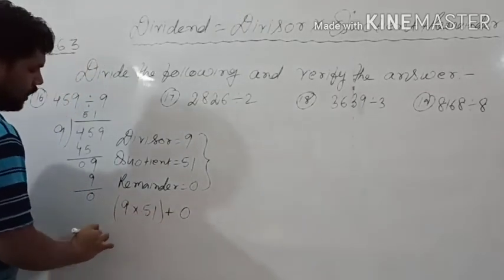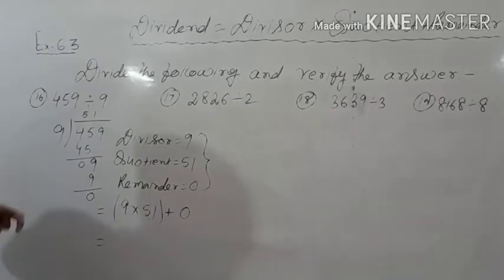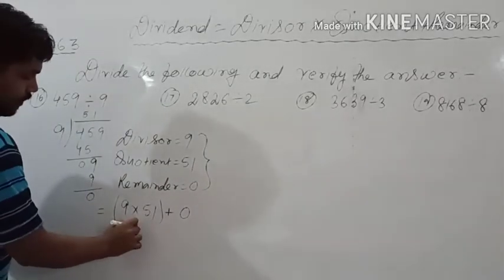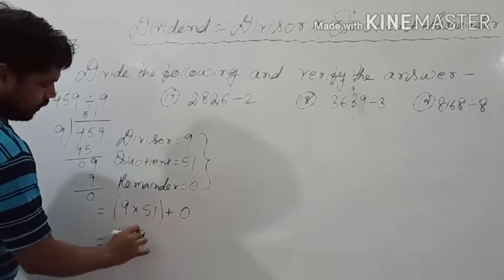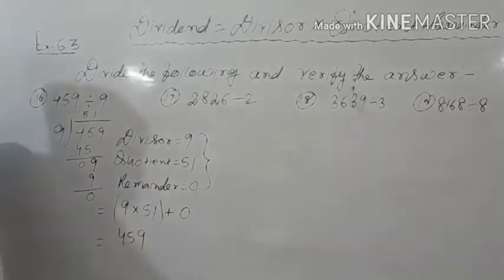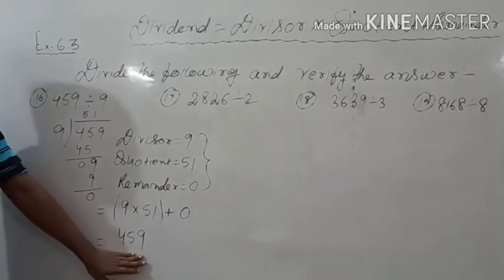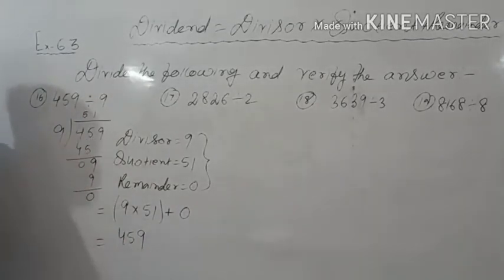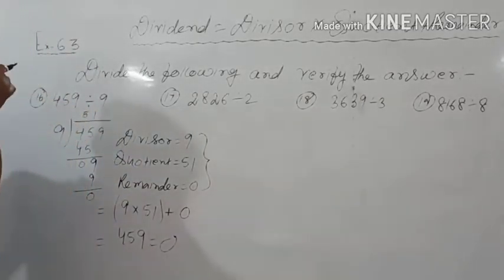So this first we will do. So 9 multiply 51 means 9 1s are 9 and 9 5s are 45, plus 0 means 0, कोई भी नंबर के साथ ऐड करो वही नंबर आएगा. So 459. So can you see, 459 is equal to the dividend.